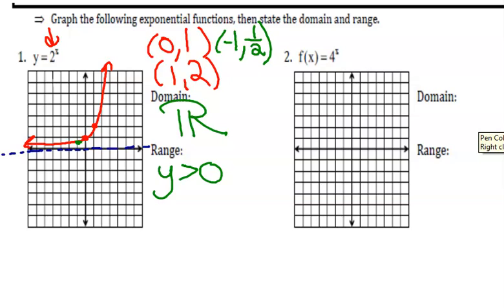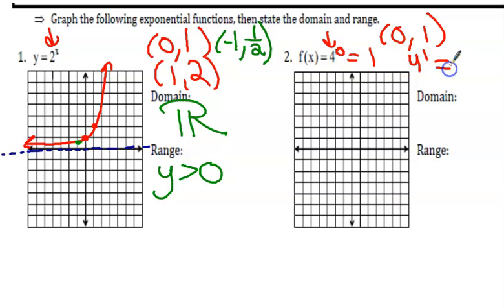All right, the next one. So 4 to the x. Is it going to go up faster, or is it going to go up slower? Well, 4 is bigger than 2, so it's going to go up faster. Again, we're going to start at 0, 1. When I plug in 0, I get 1. When I plug in 1, I get 4. So 1, 4. Let's see how much faster this goes up.